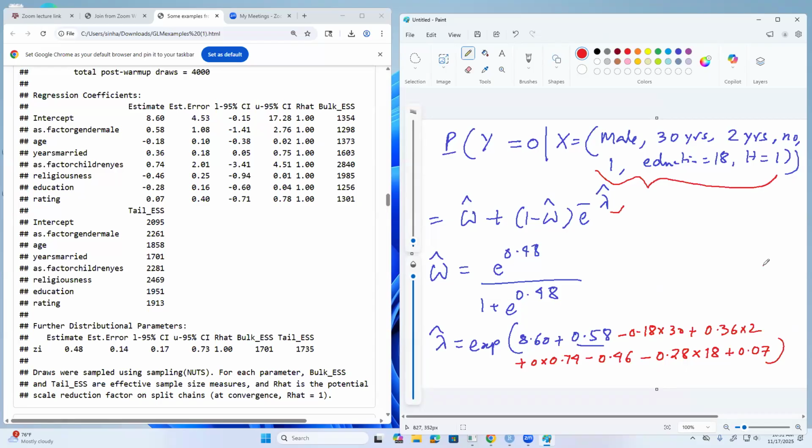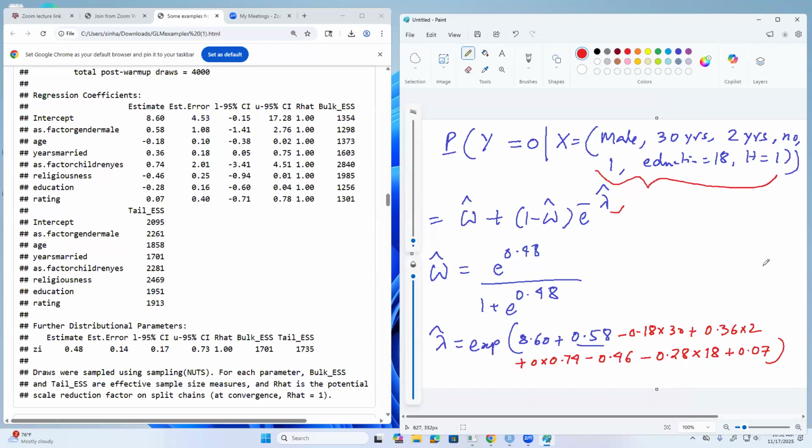But of course, this is a very crude estimation of this probability. Bayesians will not do this type of estimation, right? What they do, they sample each regression parameter from the posterior distribution, and then for every sample, they will calculate lambda hat and omega hat.